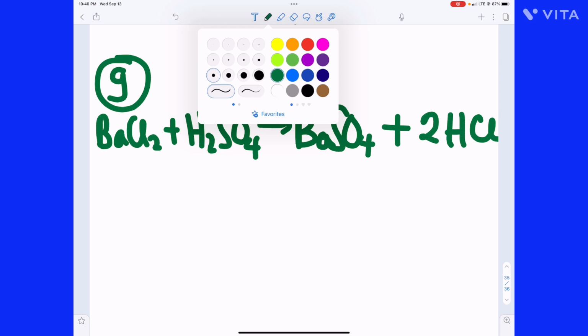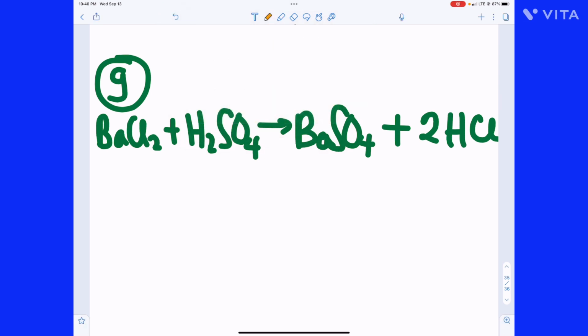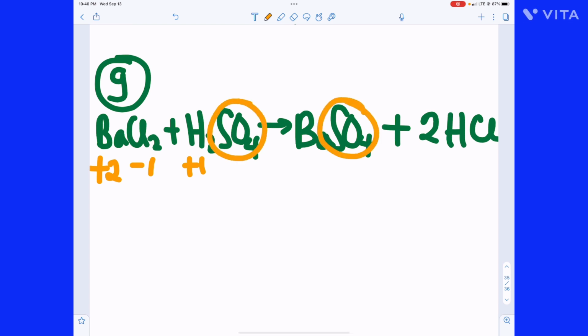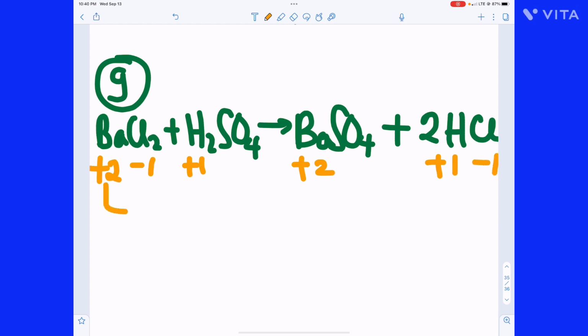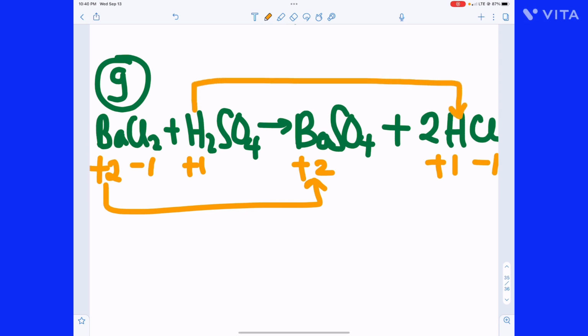Okay, let's try and put numbers. The oxidation number of barium here is +2. That of chlorine is -1 each. Hydrogen is +1 here. SO4 moved together from left to right, so we don't need to bother about the oxidation numbers of its atoms. Barium is still +2 here. Hydrogen is still +1. Chlorine is still -1. +2, +2, no change. +1, -1, no change.